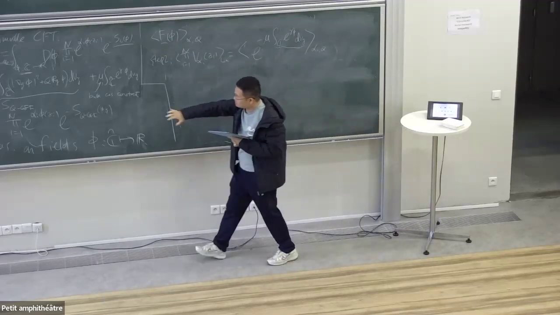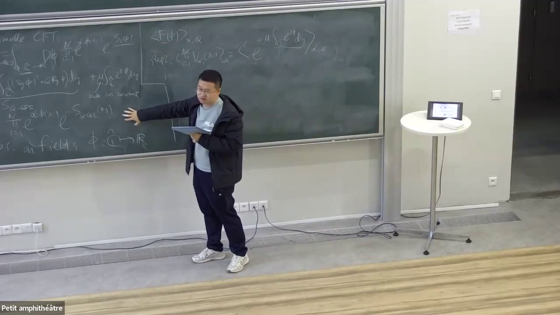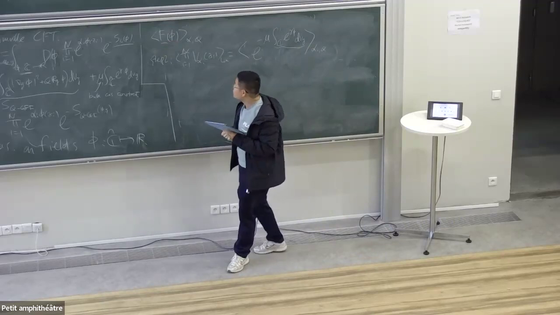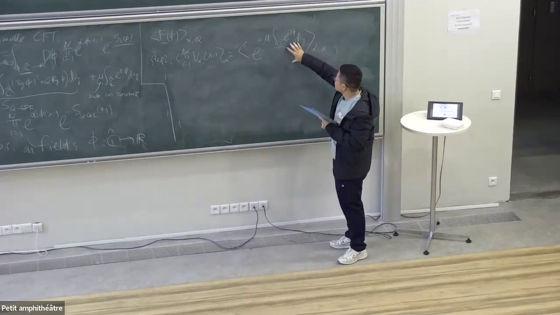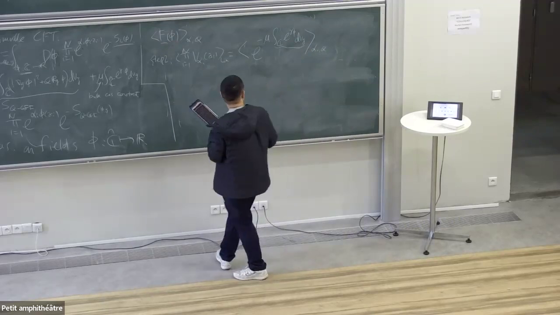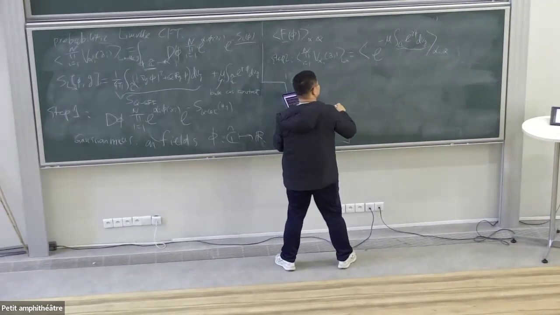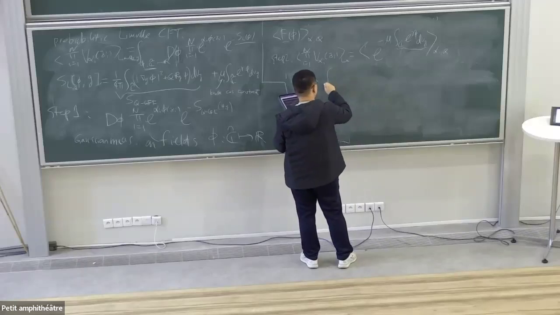Because since this is a GFF measure, this is not a well-defined function. It's in 2 dimensions, it's only a generalized function. And for a generalized function, you need some additional care in order to define this area measure. This is using this thing called Gaussian multiplicative calculus, which is a way of defining this one.